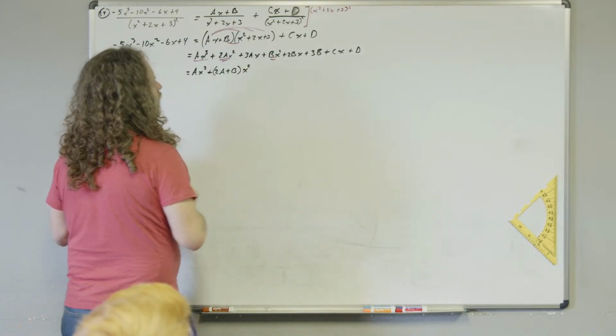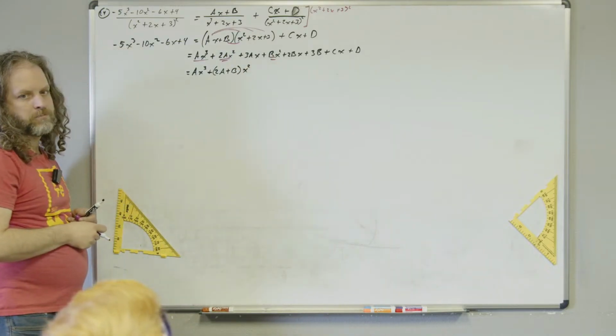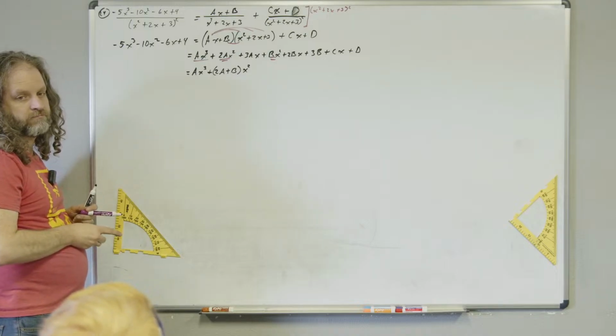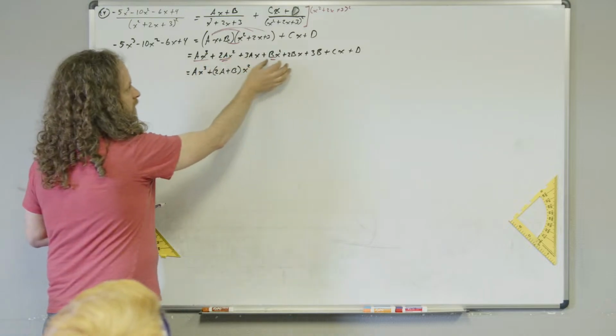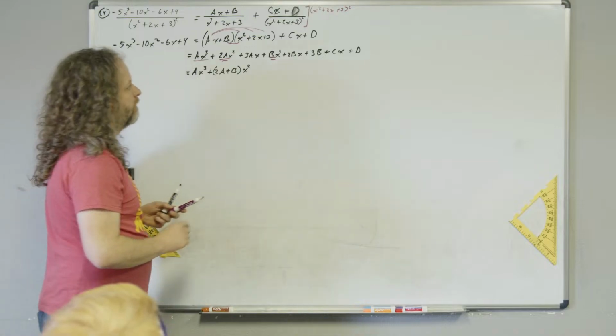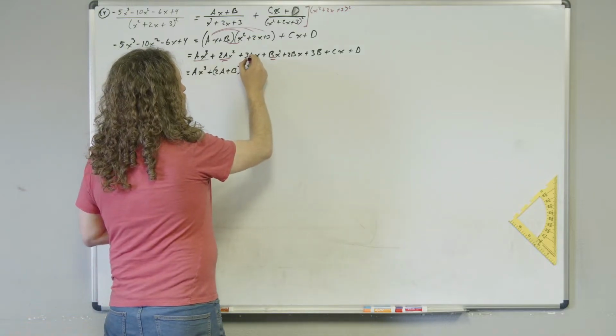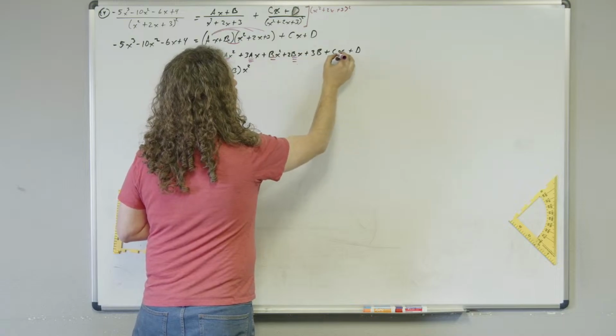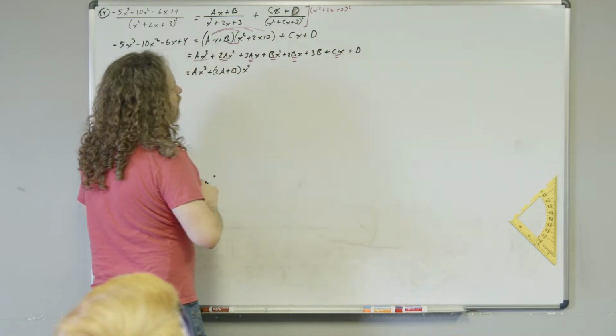What? It's the same as we did last problem. The x squared terms, this one and this one. Factor out an x squared. Okay. X terms here and there and everywhere.